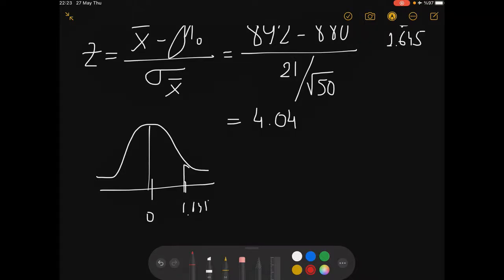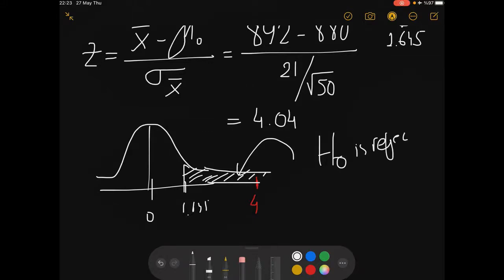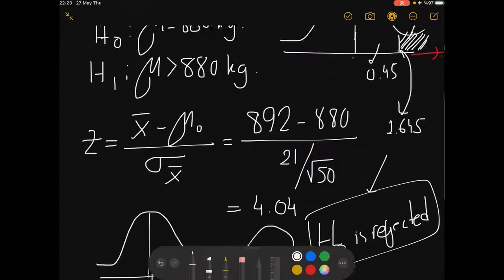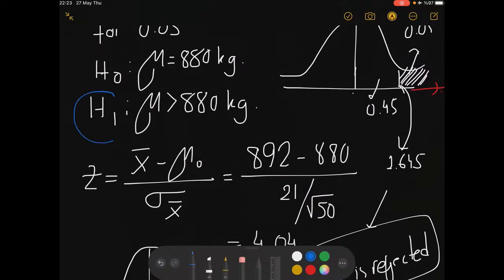Your 4 is something around here, right? Look at this. So it means that it is in the rejection region, so the answer is H0 is rejected. If H0 is rejected, then it means that your alternative hypothesis holds. Yes. So the answer is yes.